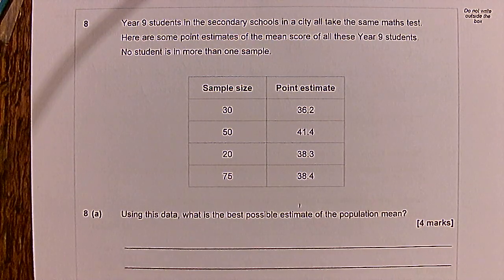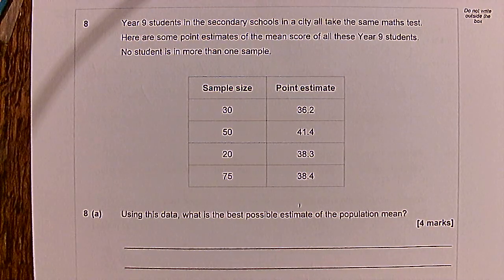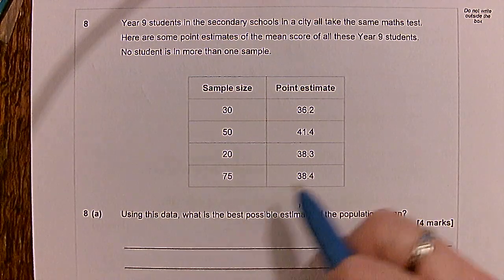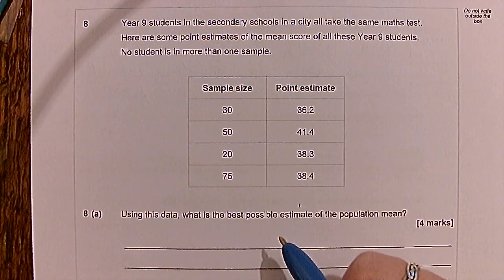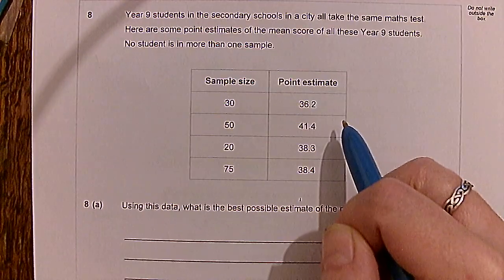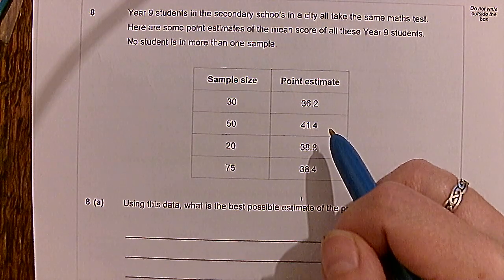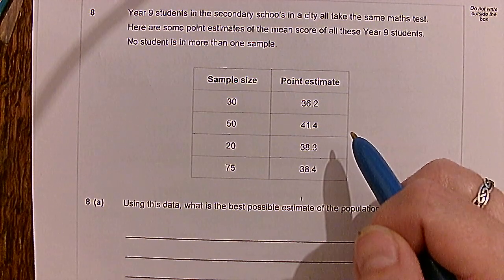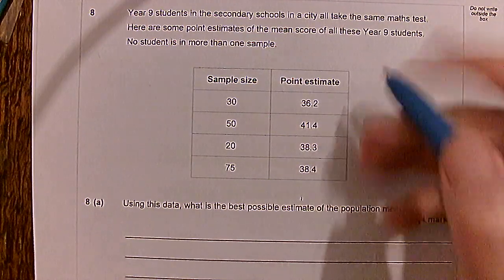point estimate. But that seems like not a lot of work for 4 marks, and that is because you could actually combine all of these into one big sample. So we can combine all of the data from these different samples into one sample to get an estimate of the mean across all the secondary schools.